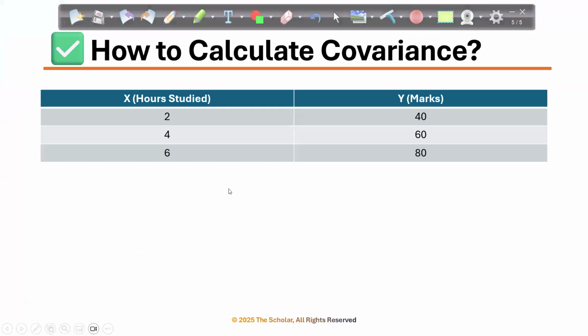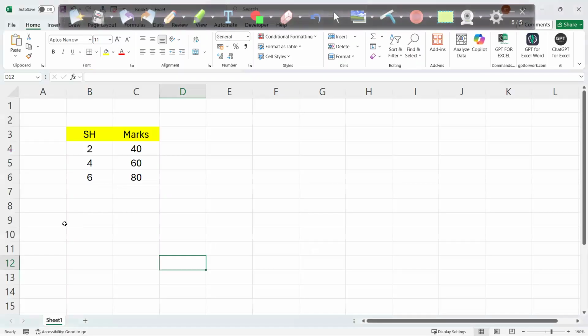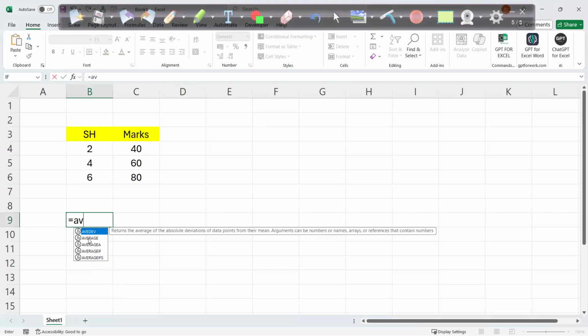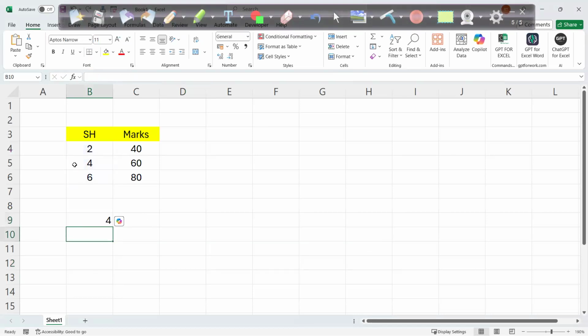The formula says xi minus x bar into yi minus y bar. That means I need x bar and y bar, which is nothing but your average: the average of x and the average of y. So let's calculate the average. This is my average of x and this is my average of y.